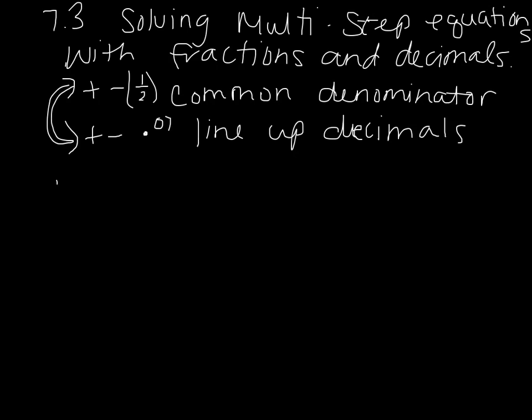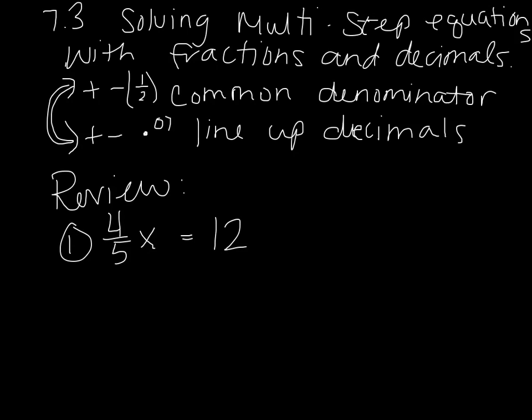So let's do a little review. We kind of did a review a little bit for 7.2, but that'll be okay. We can do another one. If I have 4/5 x equals 12, I need to divide both sides by 4/5, because right now we're multiplying.